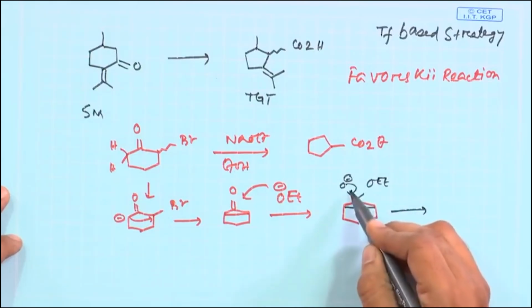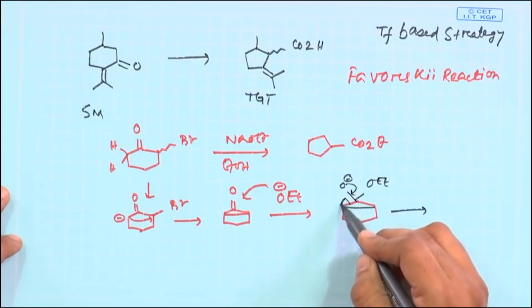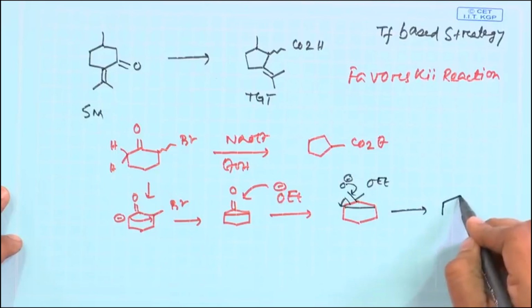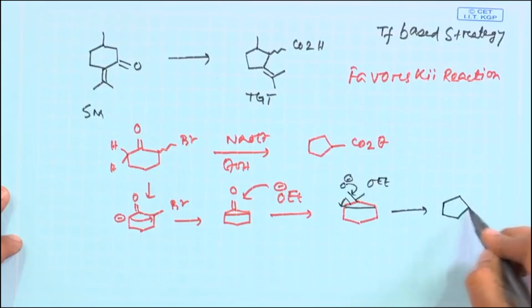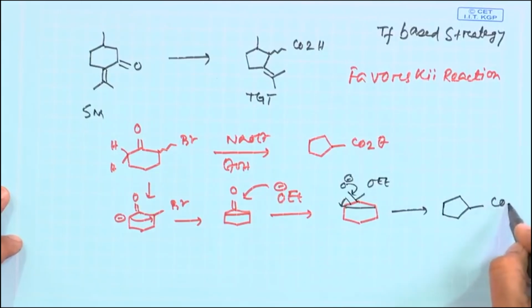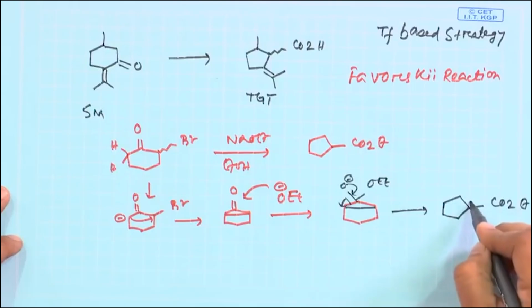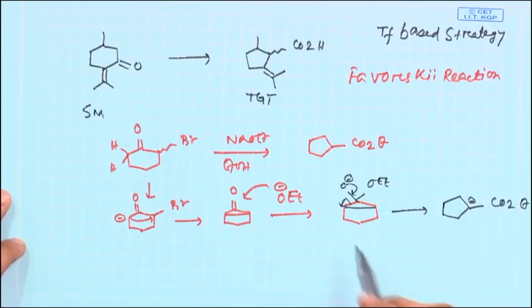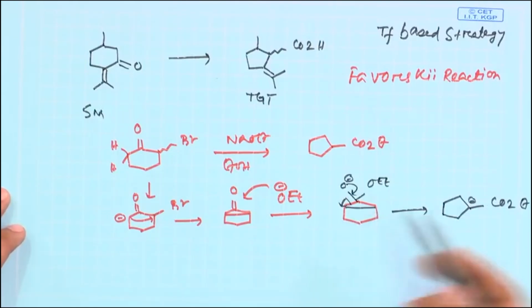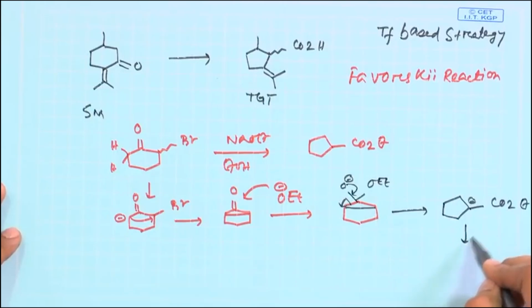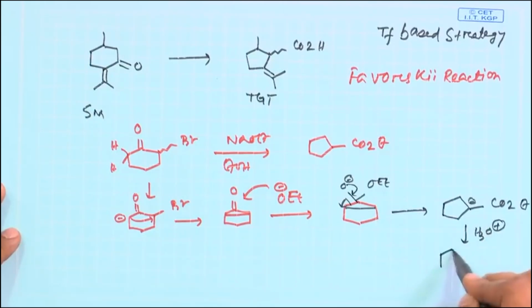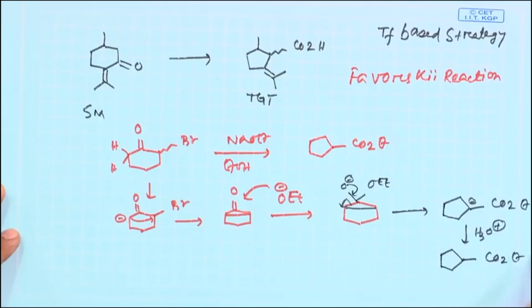So this comes here, you keep this bond, and then you will have this CO2Et, carbanion minus. This will take the proton from the aqueous workup, and you will get this as a final product.